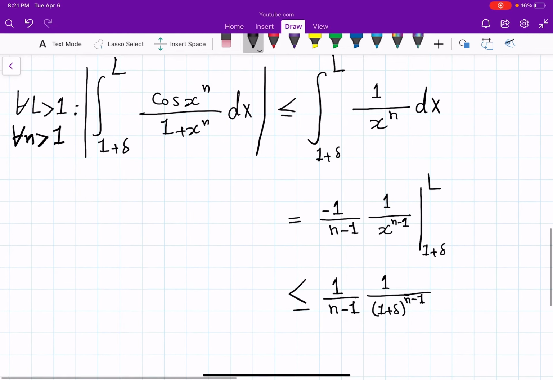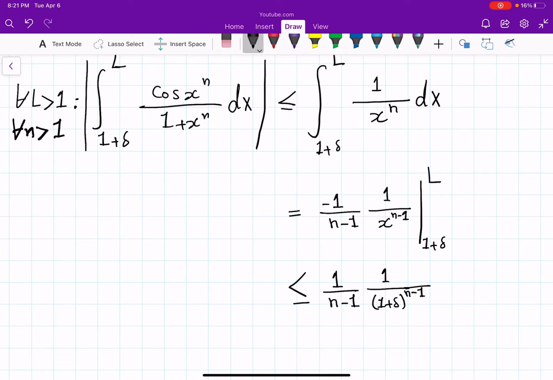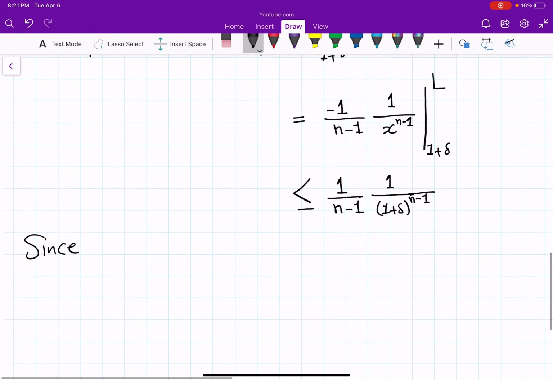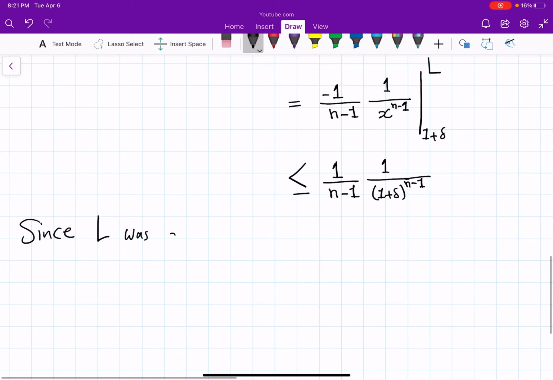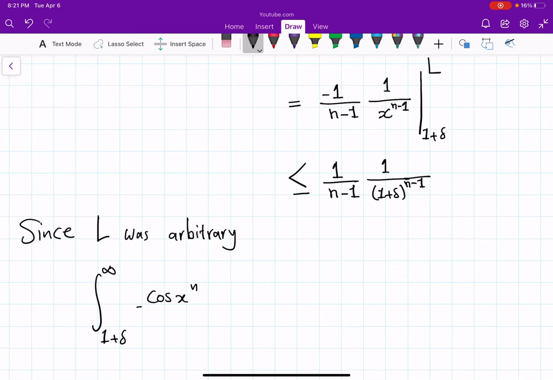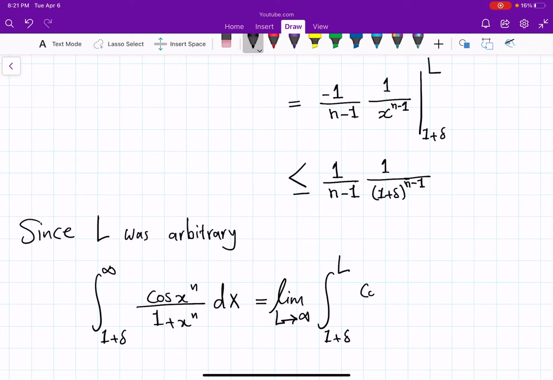So we have this inequality, and this is for every L. So since L was arbitrary, the integral from 1 plus delta to infinity of cosine(x^n) divided by 1 plus x^n dx, which by its very definition is the limit as L goes to infinity of the integral from 1 plus delta to L of cosine(x^n) divided by 1 plus x^n dx.